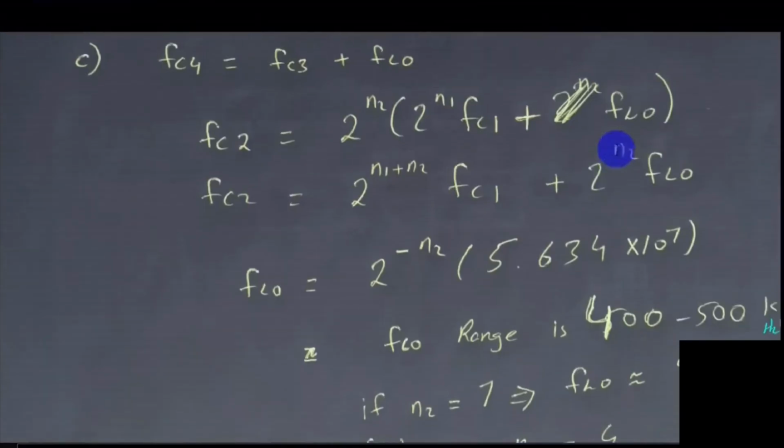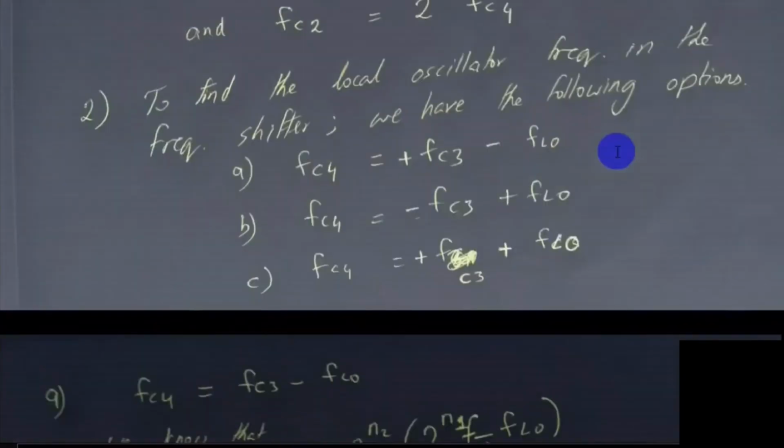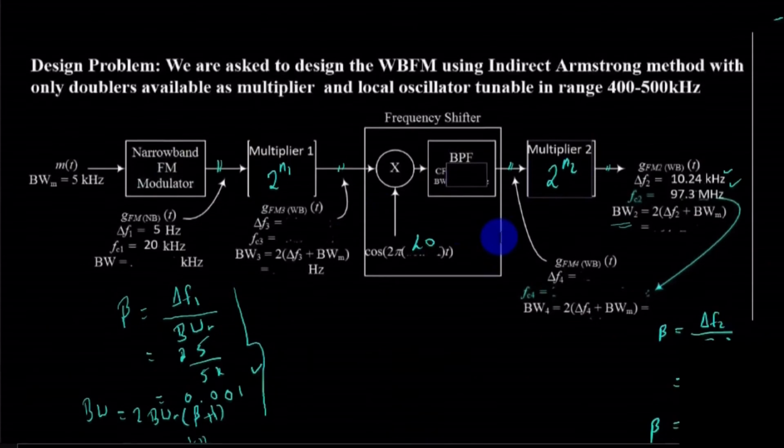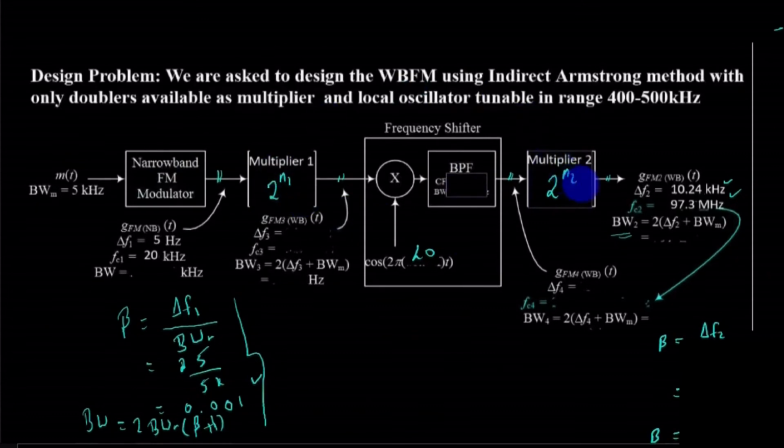Remember we said that n1 plus n2 is equal to 11, which was coming from over here. So the combination of this and this, the overall number of multipliers is 11. So if this is equal to 7, that means this would be equal to 4, right?